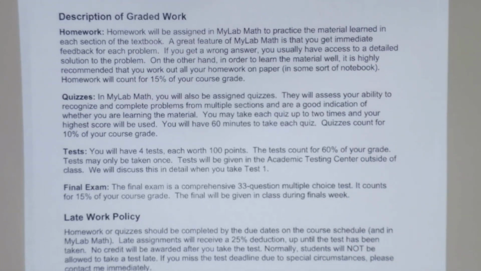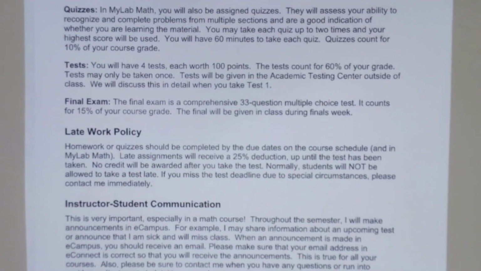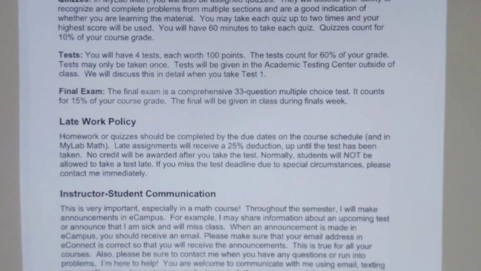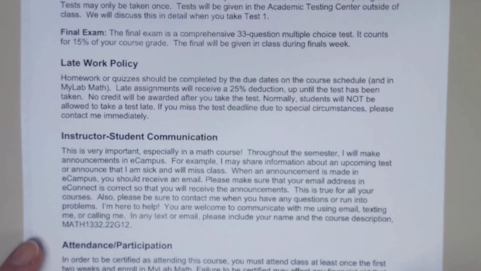All right, let's move on to the late homework policy, or late work policy. So it says homework or quizzes should be completed by the due dates on the course schedule and in my math lab. So you'll see it on our schedule, which is at the back of the syllabus, and also when you're in my math lab doing the homework, you'll see those due dates.